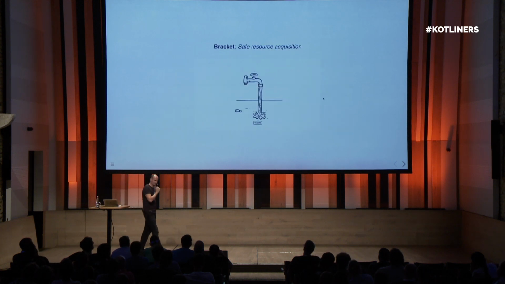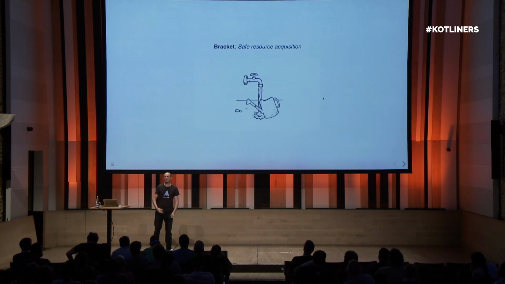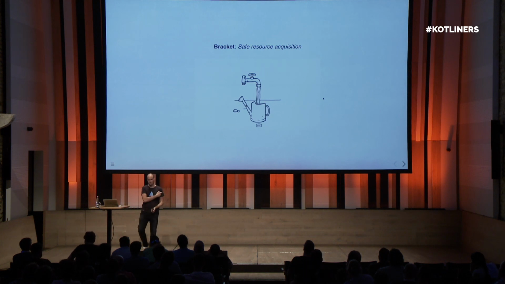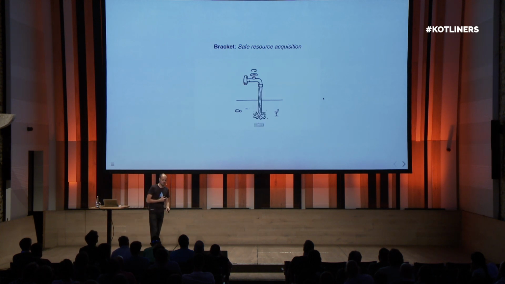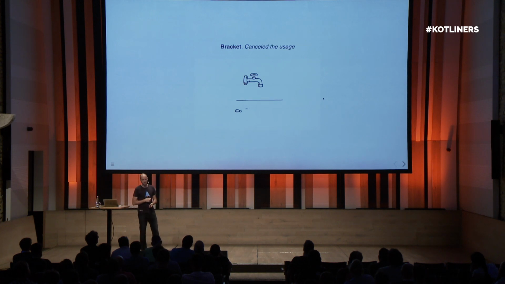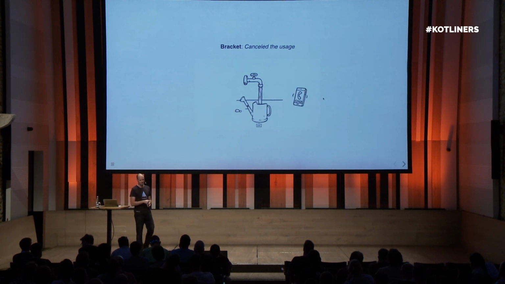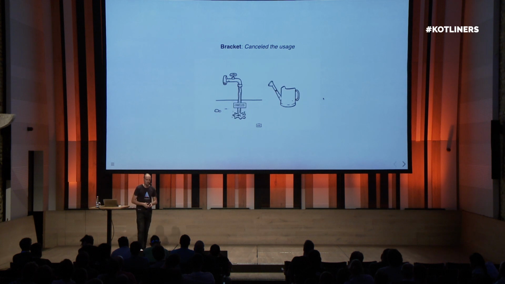Bracket. This is safe resource acquisition. There are a lot of programs where you want to acquire a resource, like this tap. We open the tap, we use the water, but we want to be sure that in the end, the tap is properly closed, right? But we could have an alternative scenario where we actually cancel the operation. In the middle, we get a phone call, and we decide that we are not going to do that anymore.